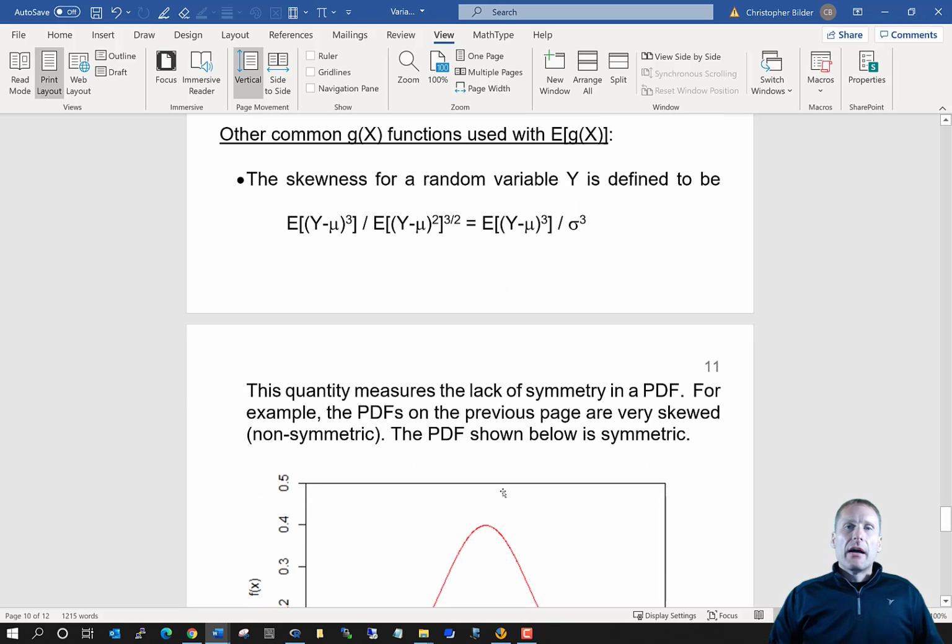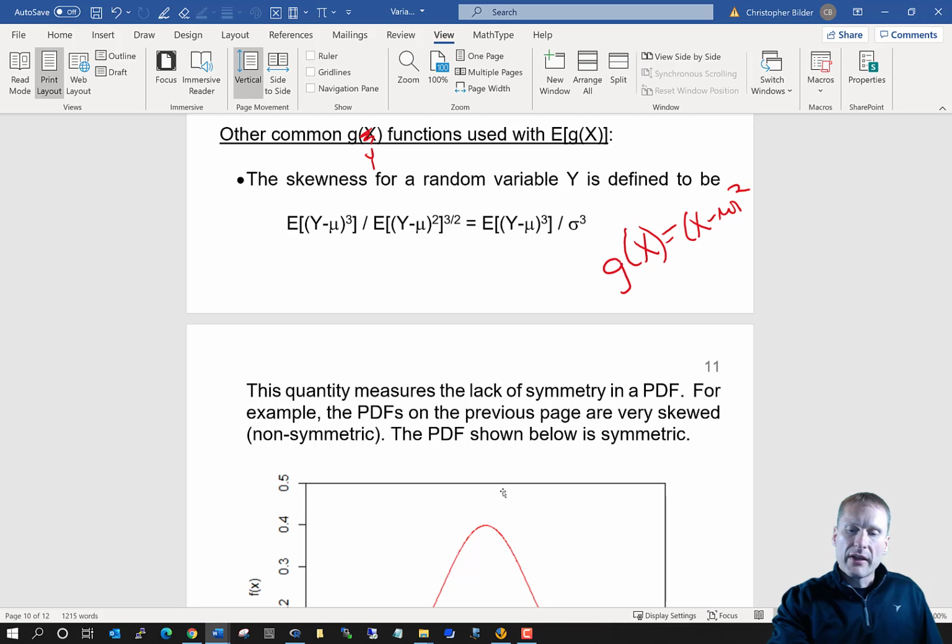Now, in this particular section, we focused on a case where g of x, some kind of function of x, was x minus mu squared. But there are also other cases that one could look at for other functions of x, if that's your random variable, or other functions of y, if that's your random variable.